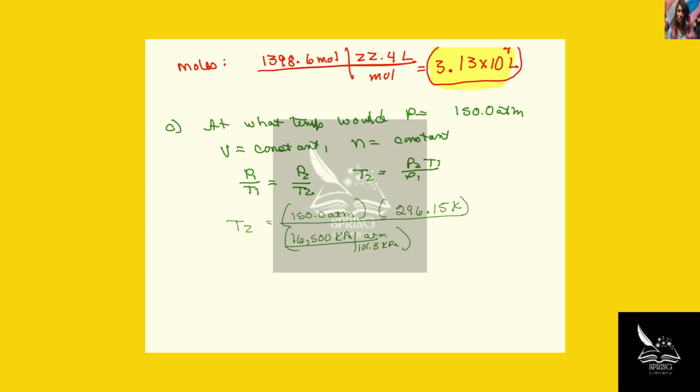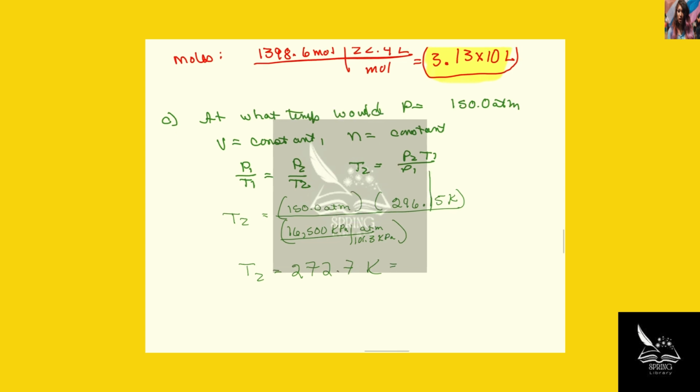Let's see what we get here. 150 times 296.15 divided by parentheses 16500 divided by 101.3, close, enter. And I get 272.7 K. I can go to 3 sig figs on this one.